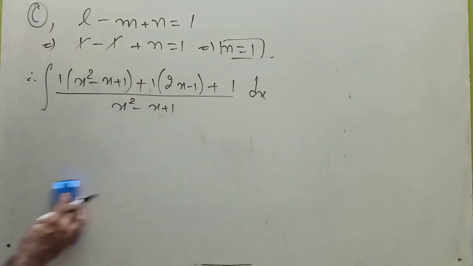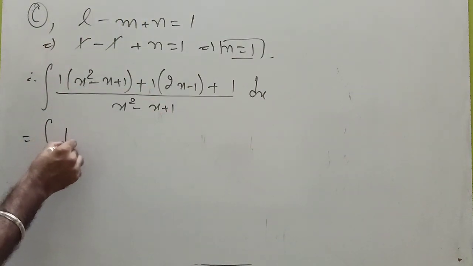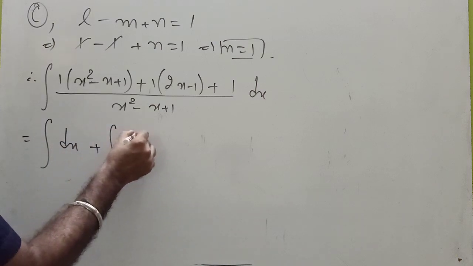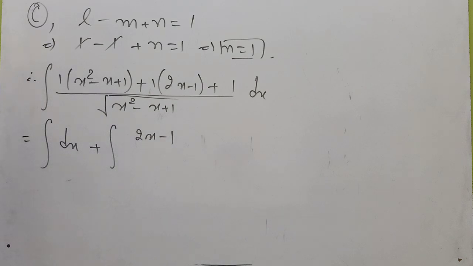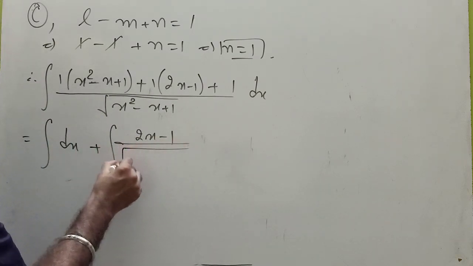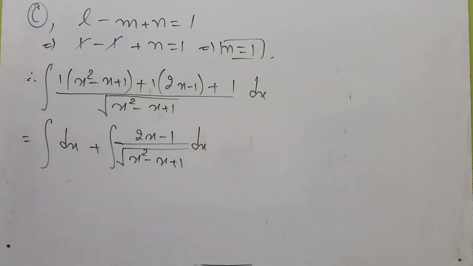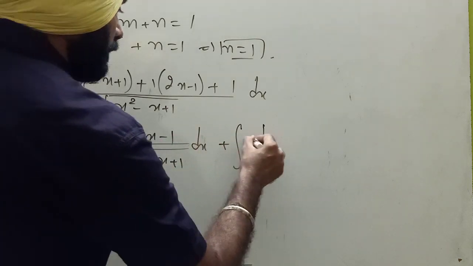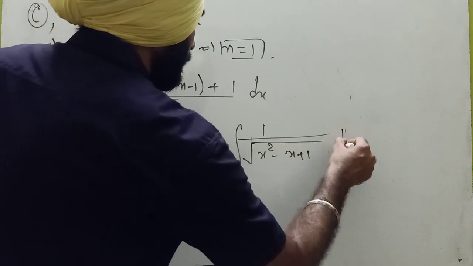Now by separating, the first integral becomes only 1, that is dx, plus second is, there is under root also, 2x minus 1 over under root of x square minus x plus 1 dx. This is the second integral, plus 1 by under root of x square minus x plus 1 dx.